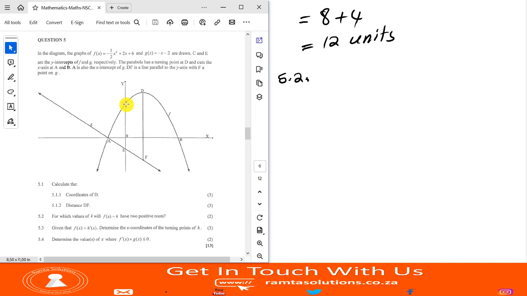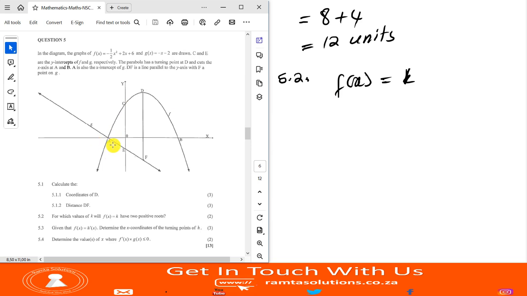So when they say f of x equals k, it means k is a y value. When we are looking for roots, we are basically looking for x values. Now the x values we are looking for must all be positive. You already know the y value here, and you also know the y value here. We said the y value here is 8, and the y value here is 6.